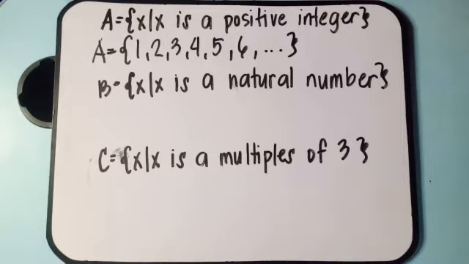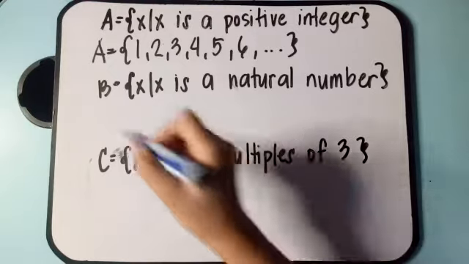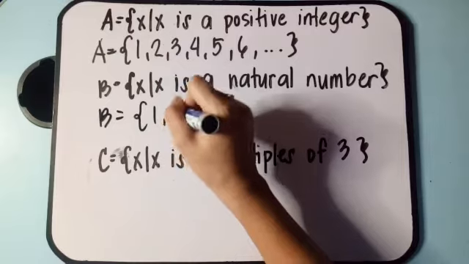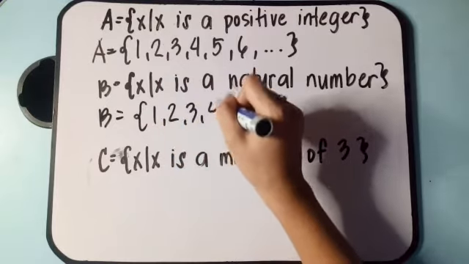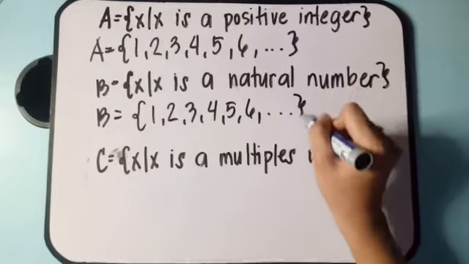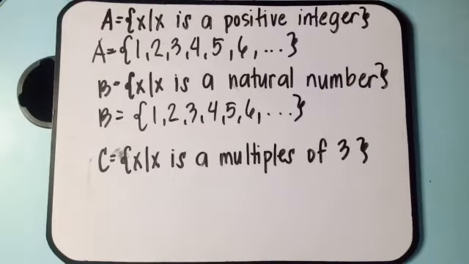Okay? Next, set B is the set of x such that x is a natural number. So we have a lot of natural numbers also. So set B is the set of 1, 2, 3, 4, 5, 6, and so on and so forth. And the last one, we have set C, the set of x such that x is a multiple of 3.